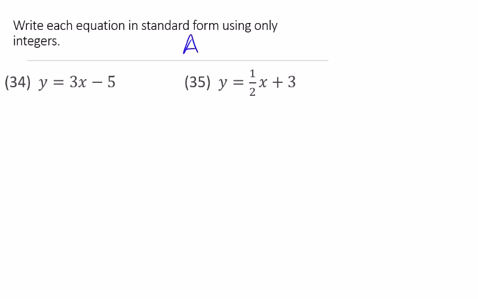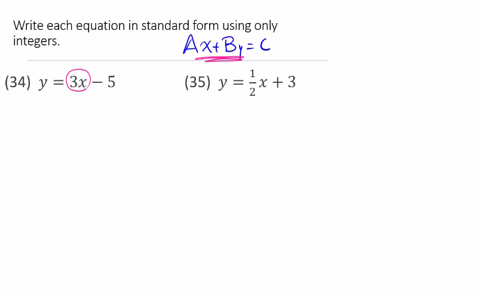So this is standard form, ax plus by equals c, and we want a to be positive. The first thing I'm going to do with 34 is identify where the x value is going to be positive. It's going to be positive on the right. So I want to keep the x term on the right, and I want the x and the y to be on the same side.